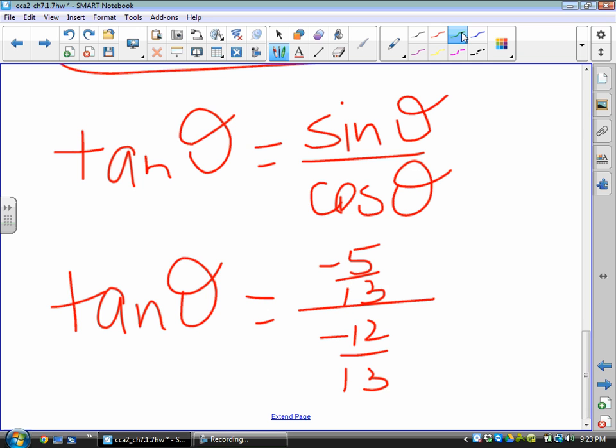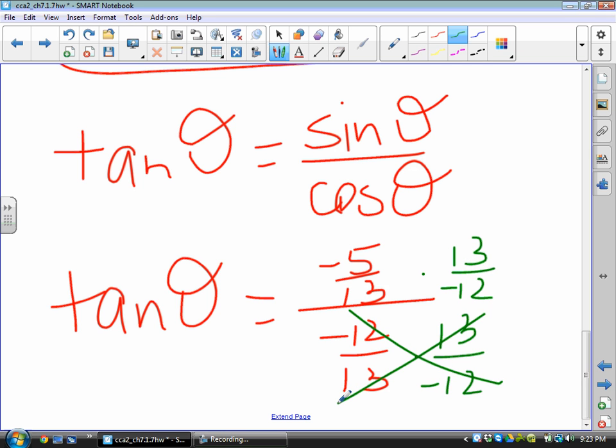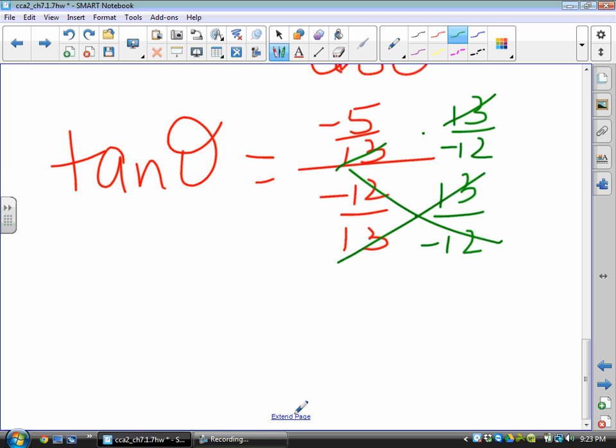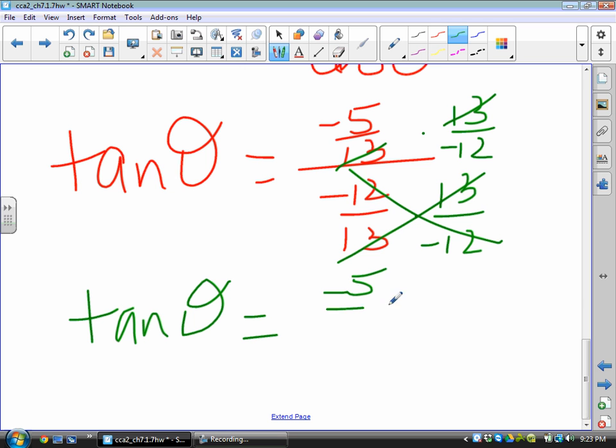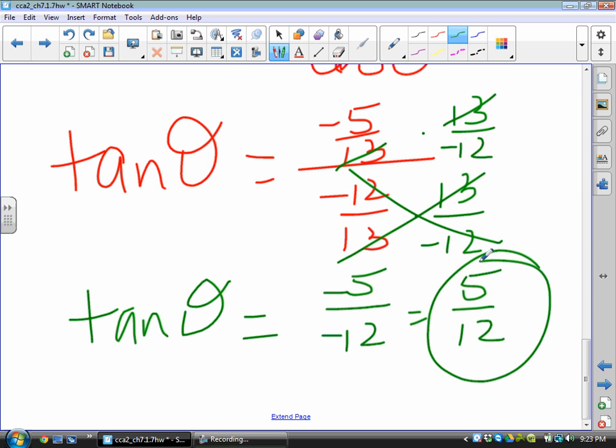To get rid of this fraction inside of a fraction, I'm going to multiply by its reciprocal, times 13 over -12. The 13s cancel out. So my tangent of the angle is -5 over -12, which is really 5/12.